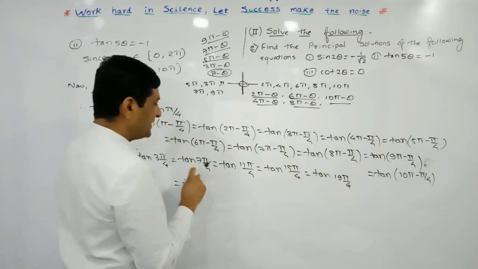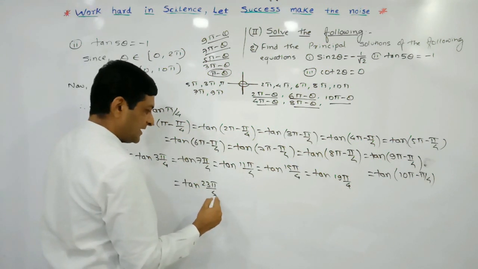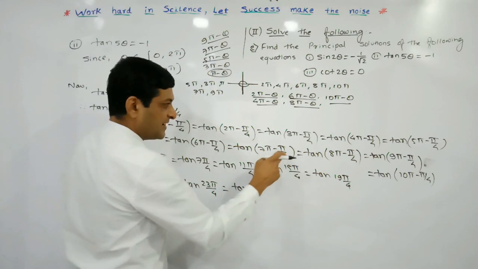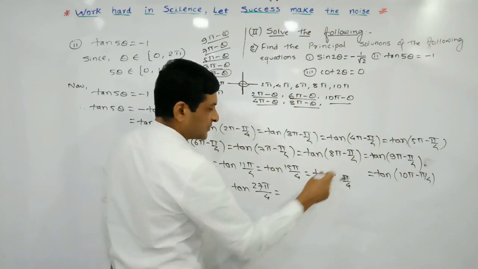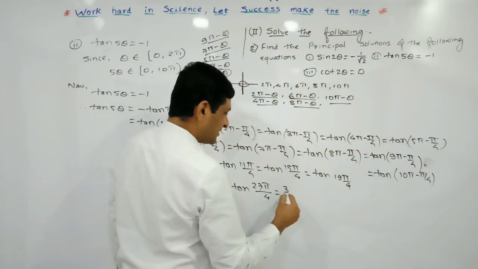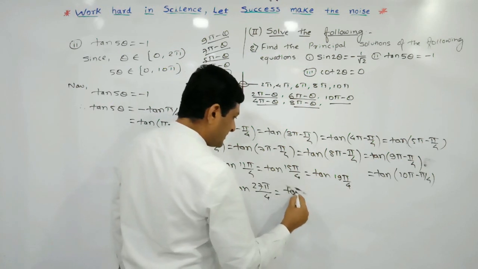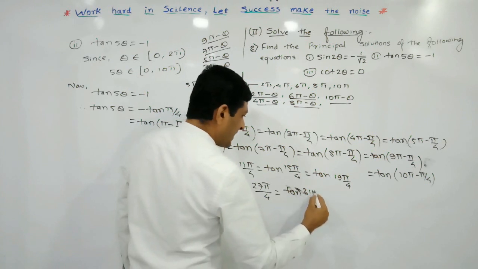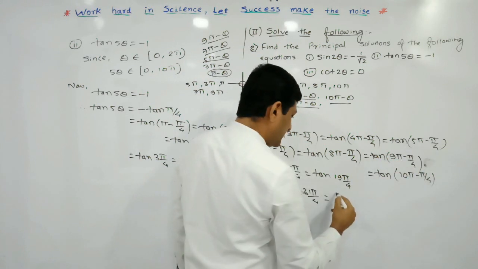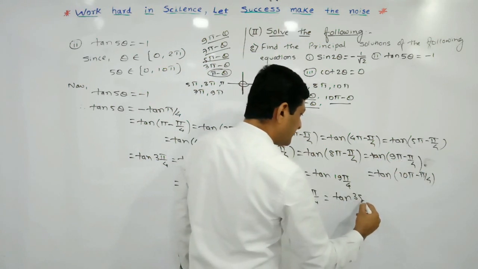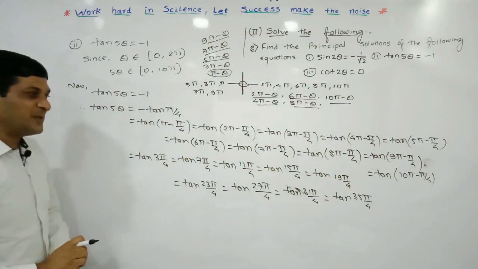After 19, 24 − 1 means 23π/4, then after 23, 28 − 1 is 27π/4, then 32 − 1 means 31π/4, and lastly 36 − 1 means 35π/4. So too many values we are getting here.